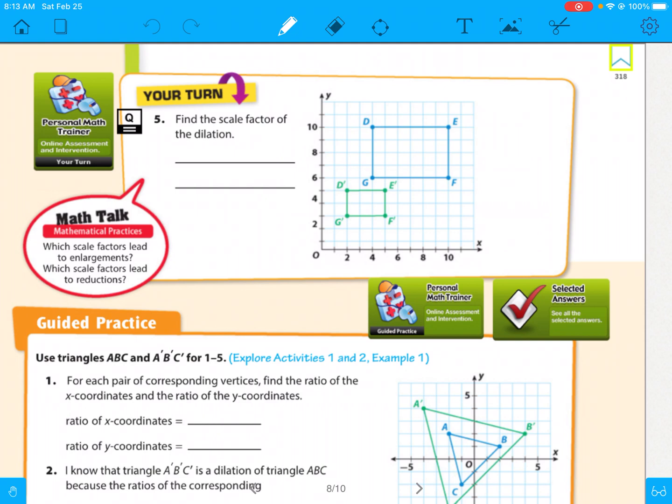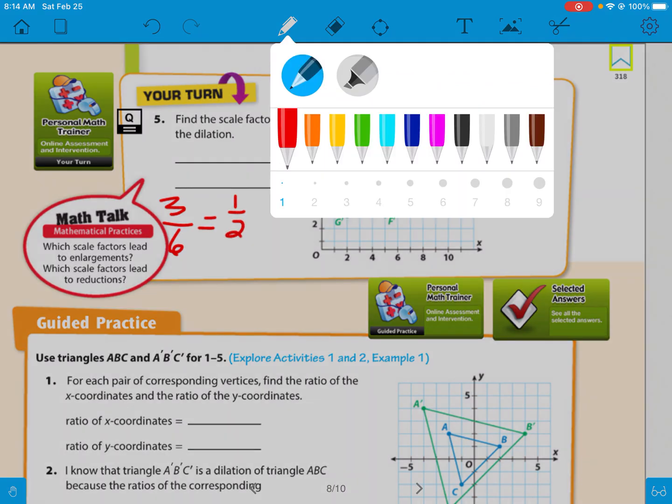I'm just going to check 2 of the sides. D prime to E prime is 1, 2, 3. Now I'm going to match it up with DE on the top. We have 1, 2, 3, 4, 5, 6. 3 divided by 6 is 1/2.